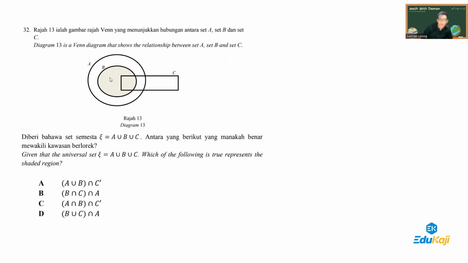So the shaded region here is actually basically set B. Yeah, which is, wait, I think this image is wrong.